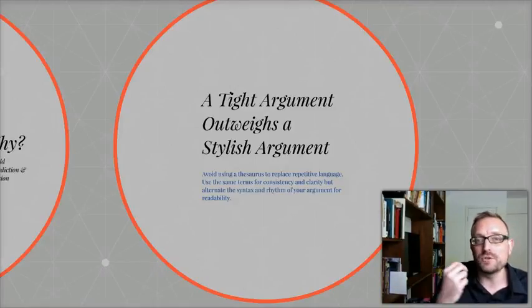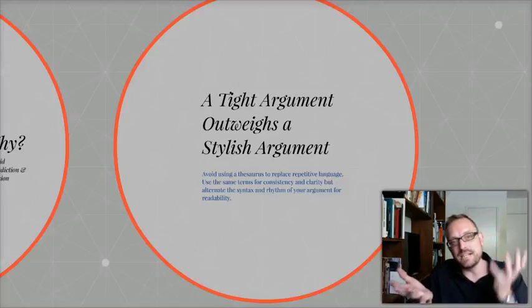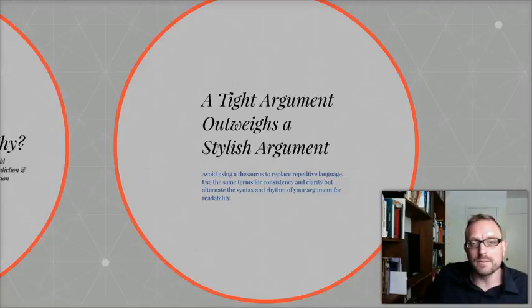Stylish arguments, people often use flowery language, for instance, right? Style is, you can appreciate it as a reader, but style there can get in the way. And I think that when style gets in the way of the argument because it's no longer clear what the argument is, because the style is outweighing the actual content of the argument, then I think that you really need to pull back on the style, because the goal of communicating ideas and of making ideas is to actually make ideas connect together and to communicate those ideas.